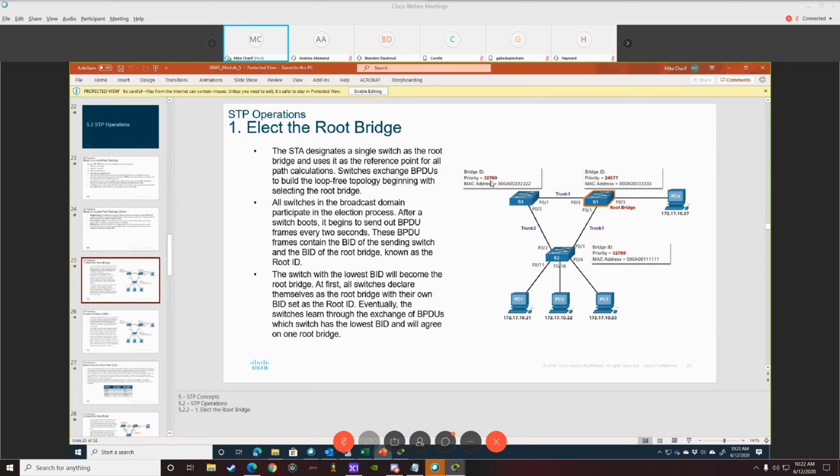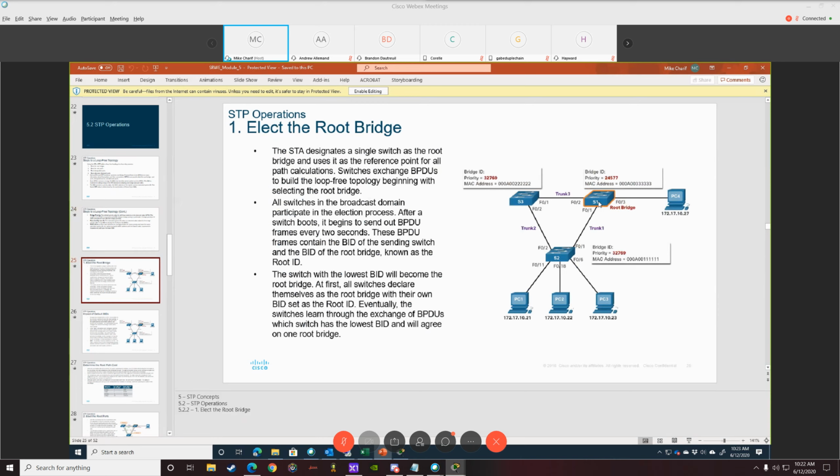But they have the same priority value. Well, we'll look at this one here. It has a priority of 24577. Do you think somebody came in there and changed that, or it happened by default? No, somebody did his homework and decided to make S1 the root bridge.